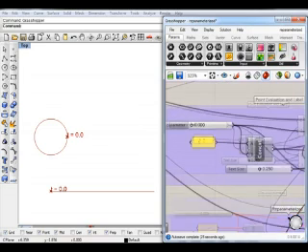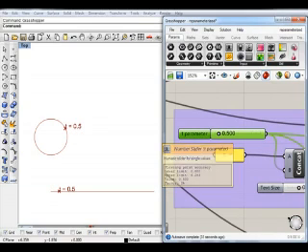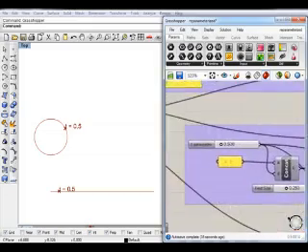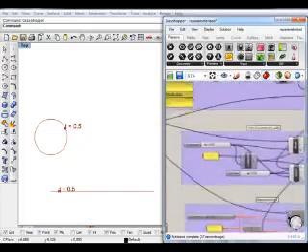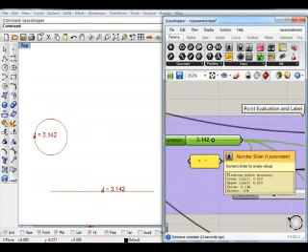So if I set this parameter here to, let's say, 0.5, it actually won't be halfway along, because this domain is in radians. It goes from 0 to 2 pi. So if I actually set it to be pi, it goes halfway along that curve.